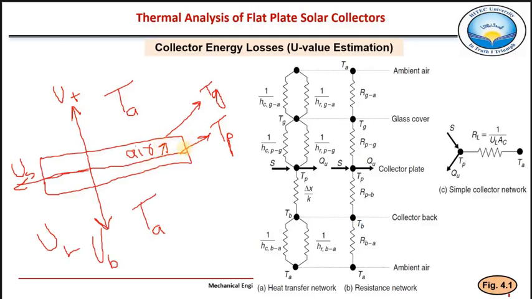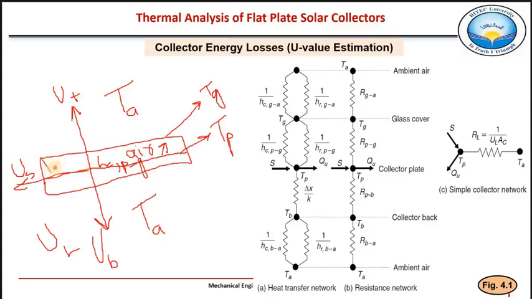From this plate till glass there will be heat transfer by convection, because there is a gas at 1 atmospheric pressure. If it is an evacuated tube solar collector, there will be no convection. And also there will be loss from this plate to this glass due to radiation. So for the convection part, we represent it with Hc, convection, from plate to glass.